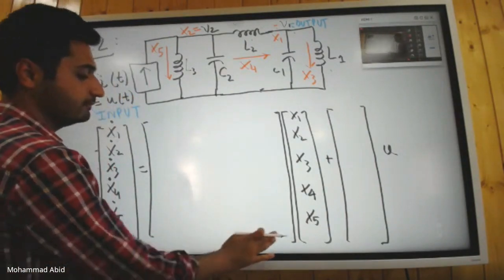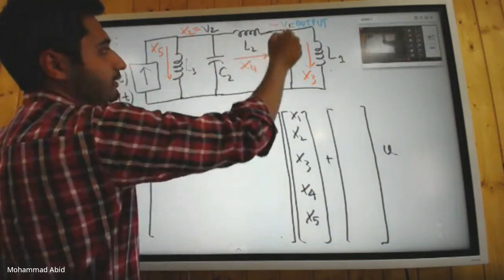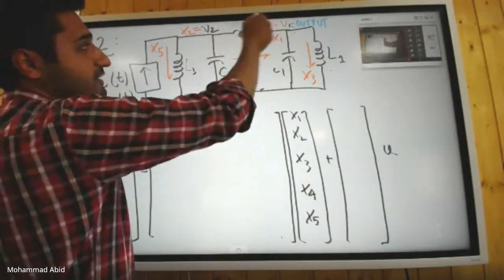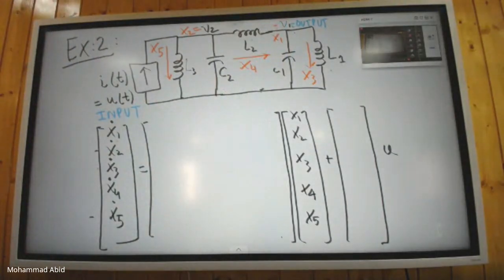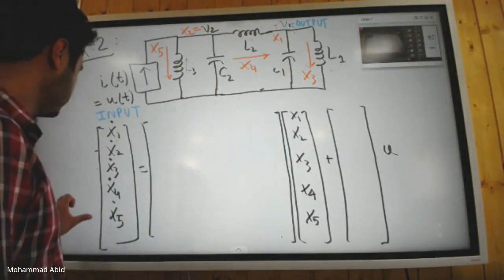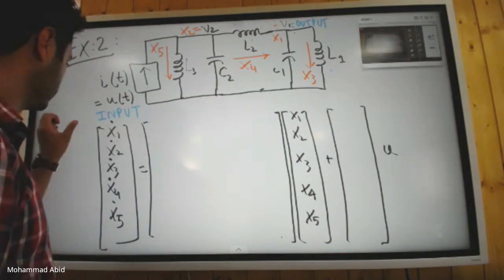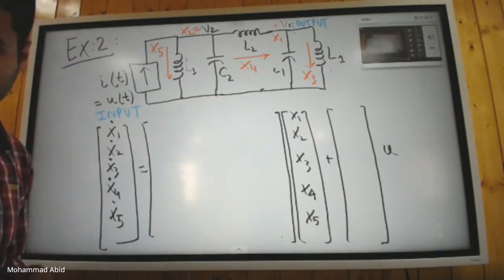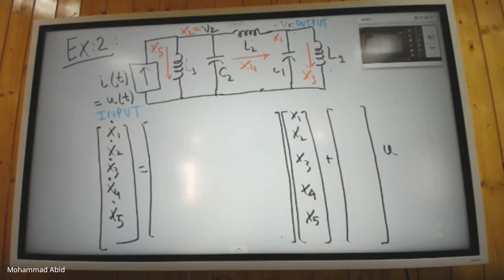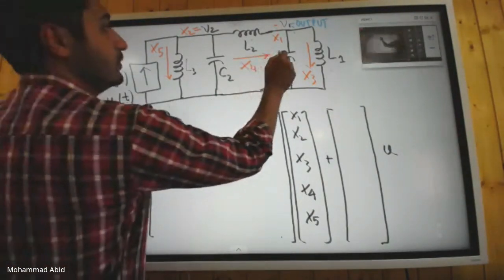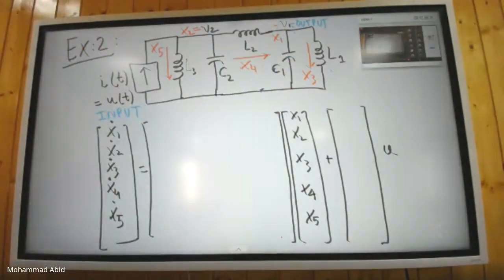First of all, write KVL in here. That will give you one of the state variables. You just first try and I will show you. This is C1. This is a very simple example. There's no resistor involved.